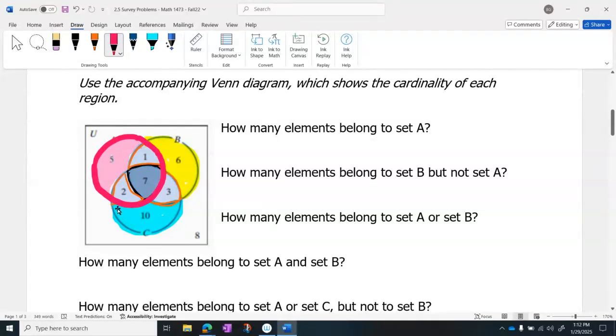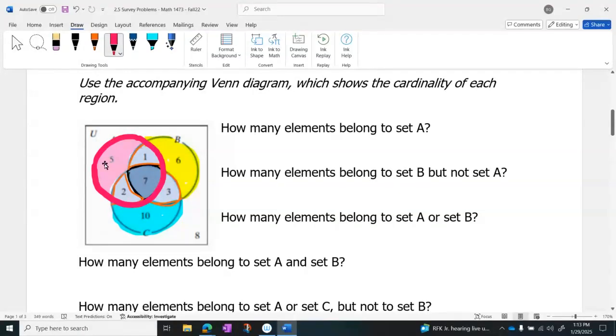This red circle, based on the Venn diagram, is divided into 4 regions. The region pink, the darkest region, the center region, and 2 petals, right? We just need to add up the cardinalities of those 4 regions.